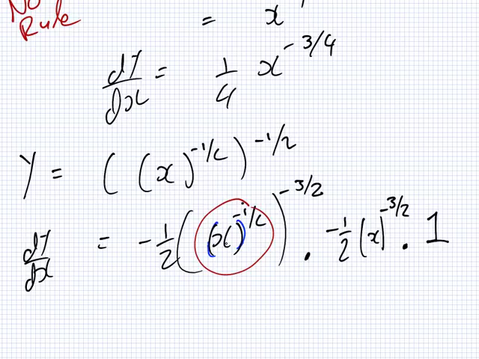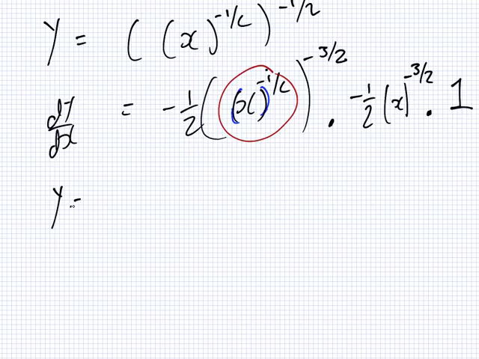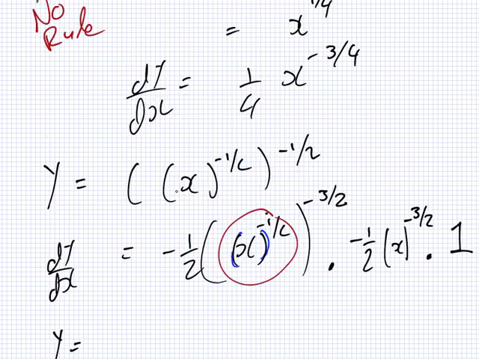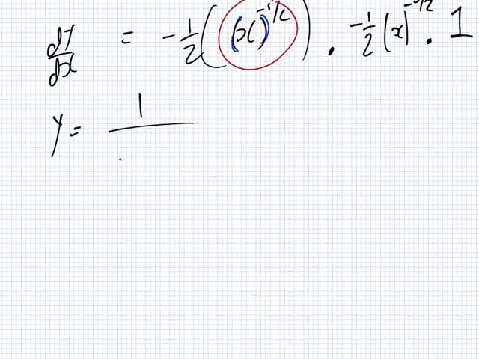And I promise you there was another way to do it, which is the quotient rule. Okay, so to do it the quotient rule way, that's 1 over root 1 over root x.